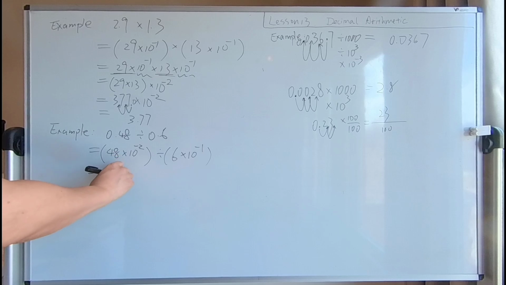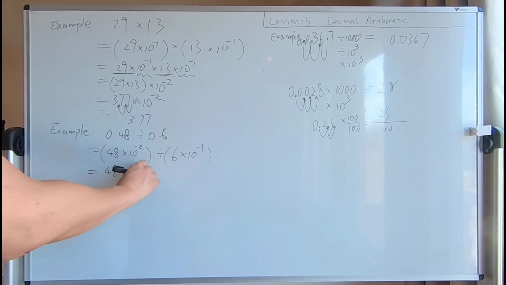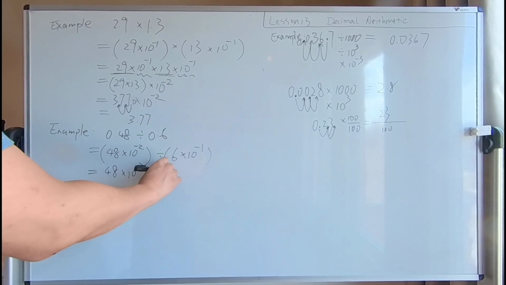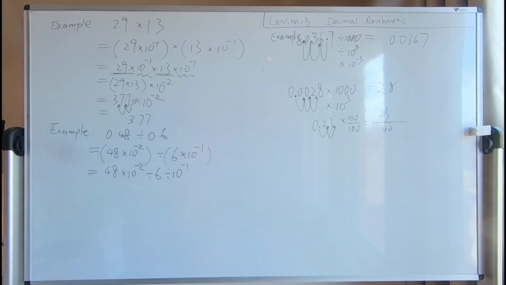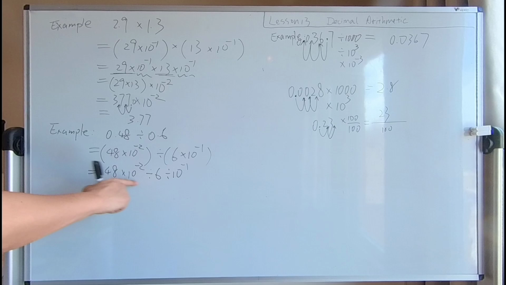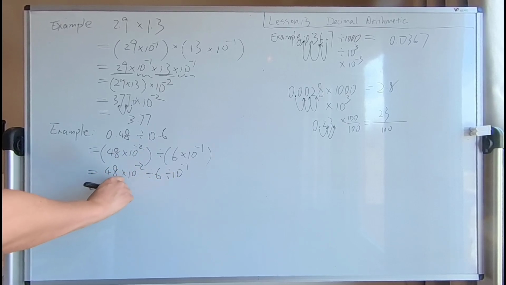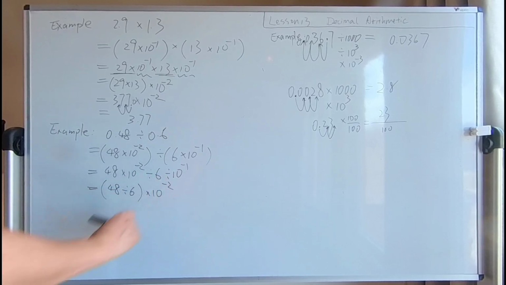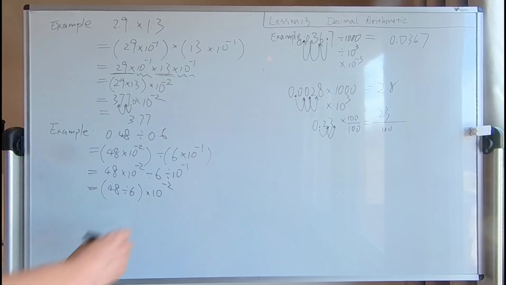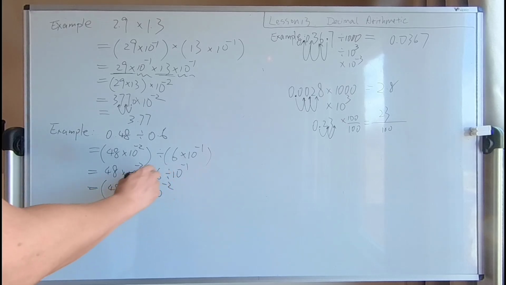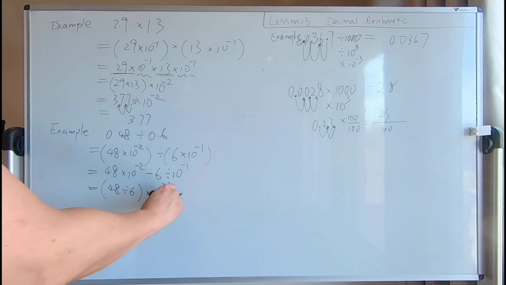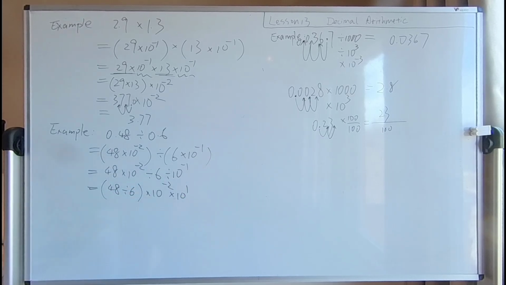So that means it's divided by 6 and divided by 10 to the minus 1. So I can group the non-tens numbers together and then put the rest of the powers of ten in another place, and dividing by 10 to the minus 1 is equivalent to multiplying by 10 to the power of 1.